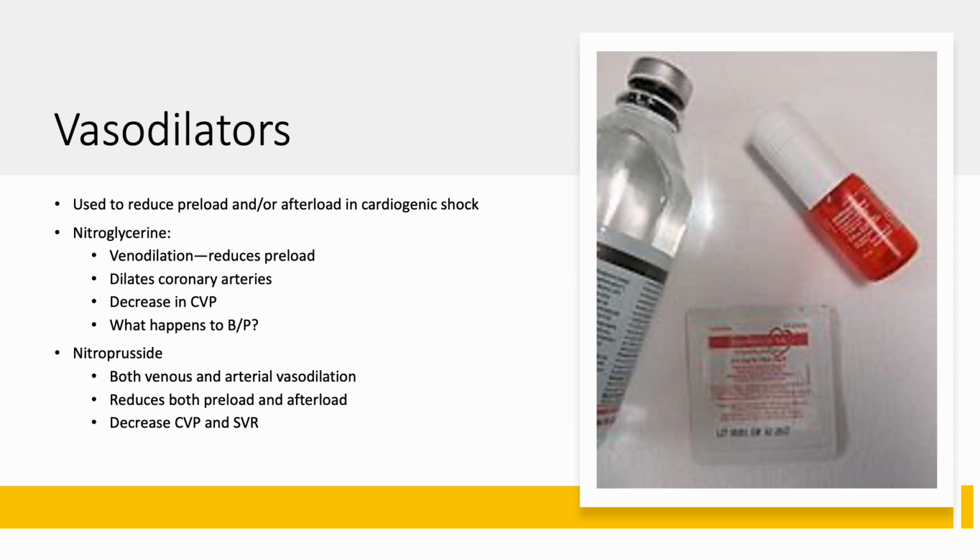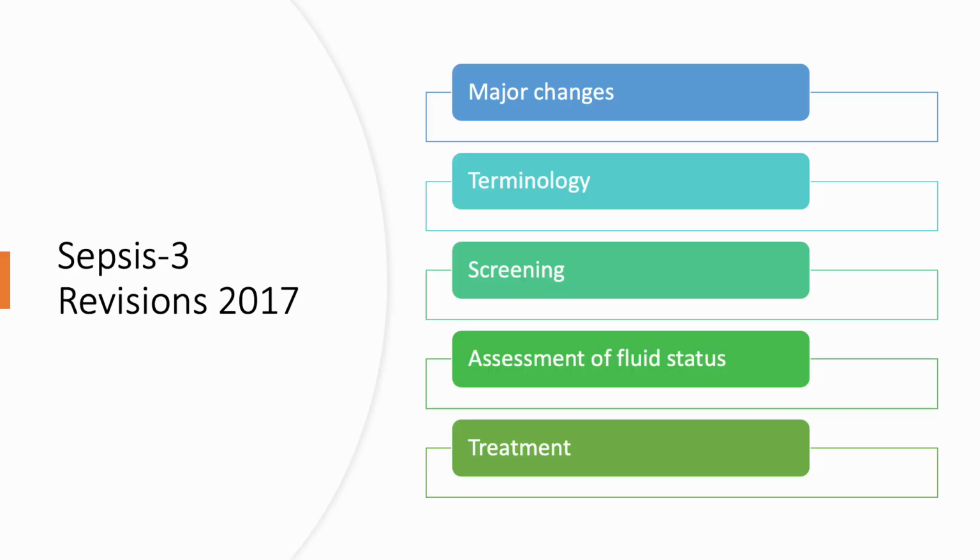The CVP and SVR both decrease, reflecting the reduced load on the heart and the overall drop in blood pressure. So, in summary, vasodilators are used to reduce the workload on the heart by lowering both preload and afterload. That's nitroprusside. This helps to improve cardiac output in patients with cardiogenic shock, but requires close monitoring of blood pressure to prevent excessive hypotension.